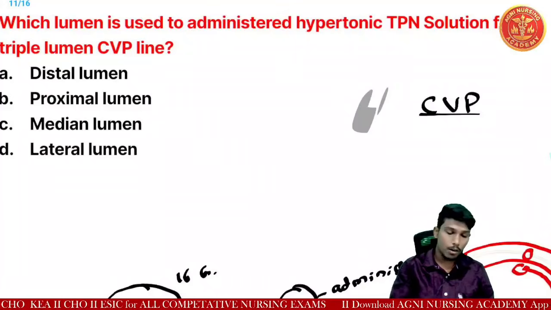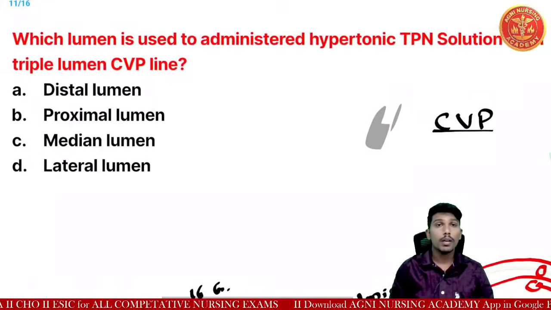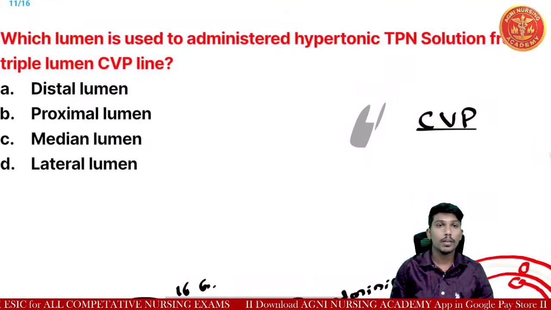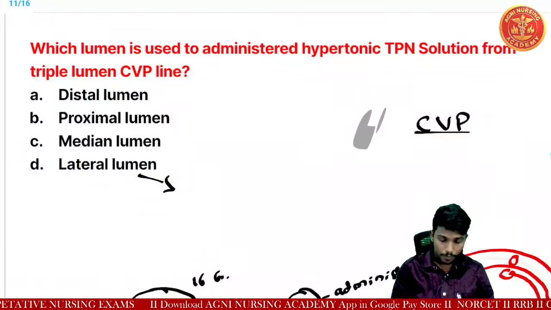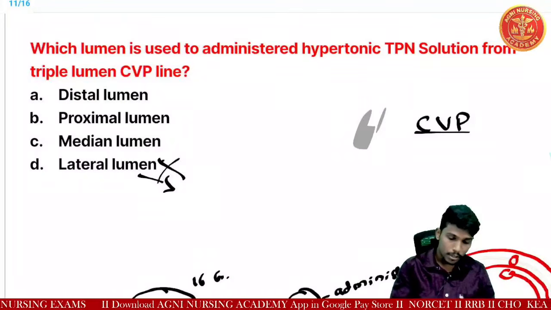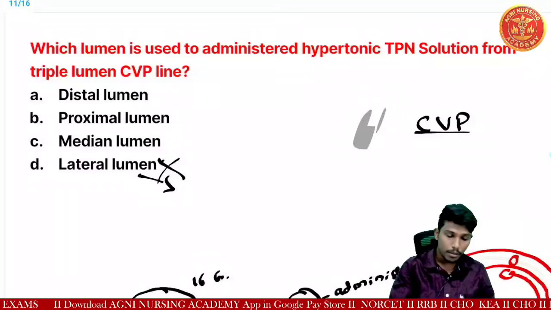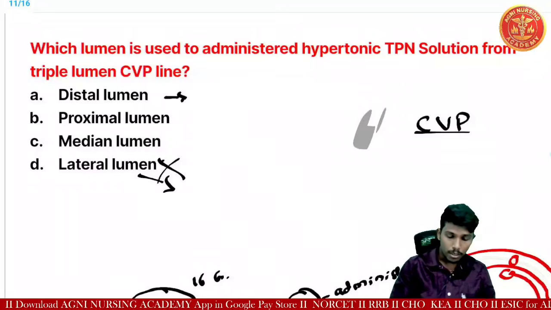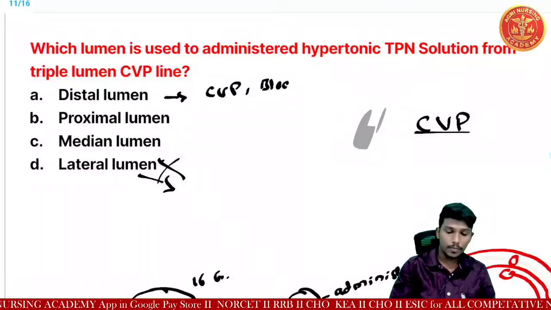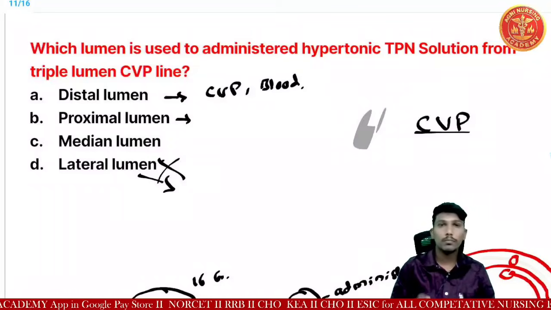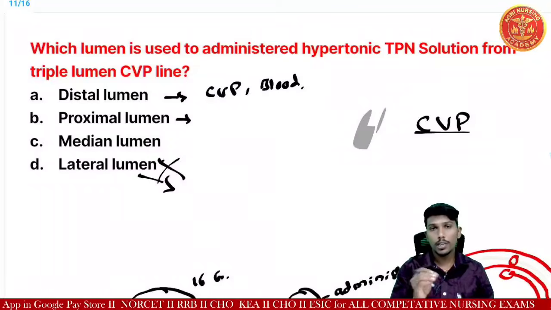Okay, then coming to the options, that is option A distal lumen, option B proximal lumen, medial and lateral. See, there is no lateral. Okay, this is wrong. Then coming to the distal one, I already told we can use it for the CVP and blood administration. Okay. Then proximal means the smallest one, and this is near to the insertion site.